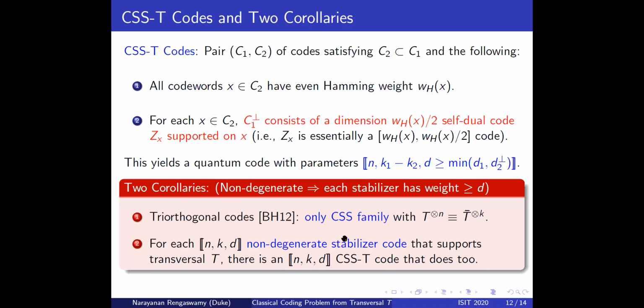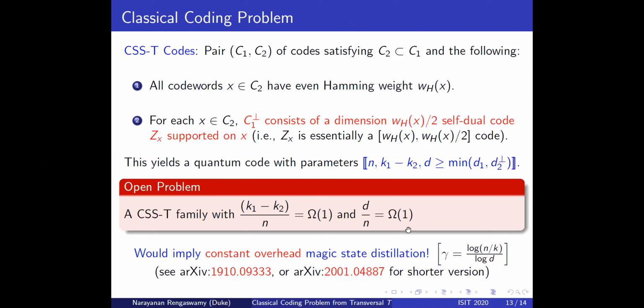Two corollaries from this that we prove are that the triorthogonal codes described by Bravyi and Haah are the only CSS family where transversal T physically does logical transversal T. And for every [[n,k,d]] non-degenerate stabilizer code that supports transversal T, one can also find an [[n,k,d]] CSS code that does. So CSS codes are optimal among non-degenerate codes for transversal T. Now, the open problem that we have come up with is to find a constant rate CSS-T family, and also say linearly scaling distance.